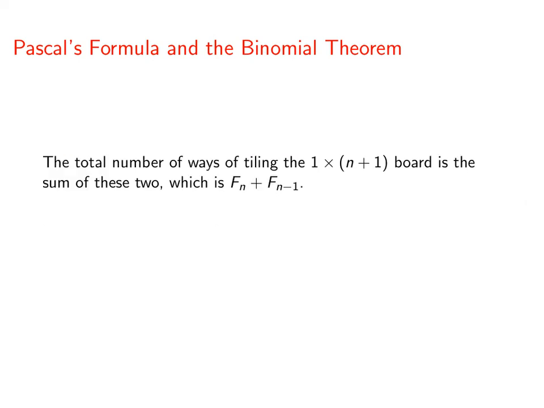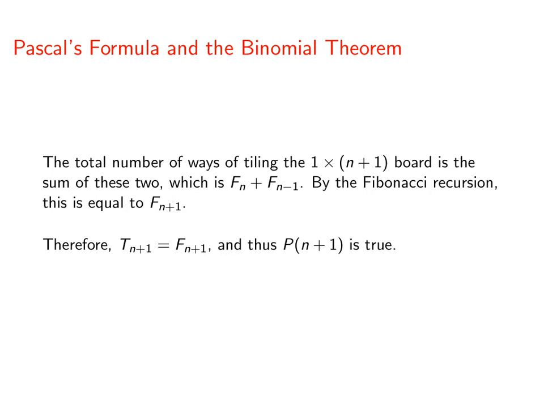So, that means the total number of ways of tiling our 1 by n plus 1 board is the sum of these two, which is f sub n plus f sub n minus 1. And by our Fibonacci recursion, that's equal to f sub n plus 1.